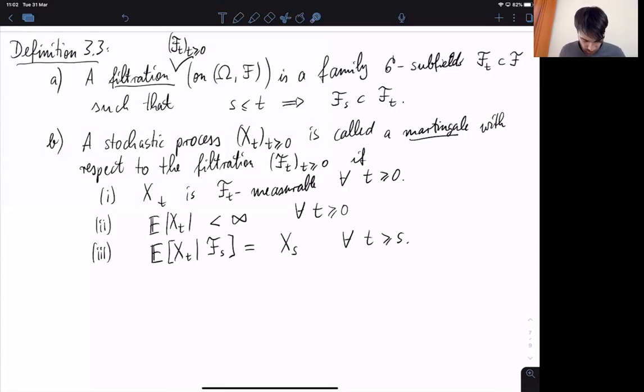Well, it means that if you want to know the expectation of X_t based on the information you have at F_s, then all of this information is already contained in X_s. So in that sense, if you only know F_s, then X_t looks like X_s.